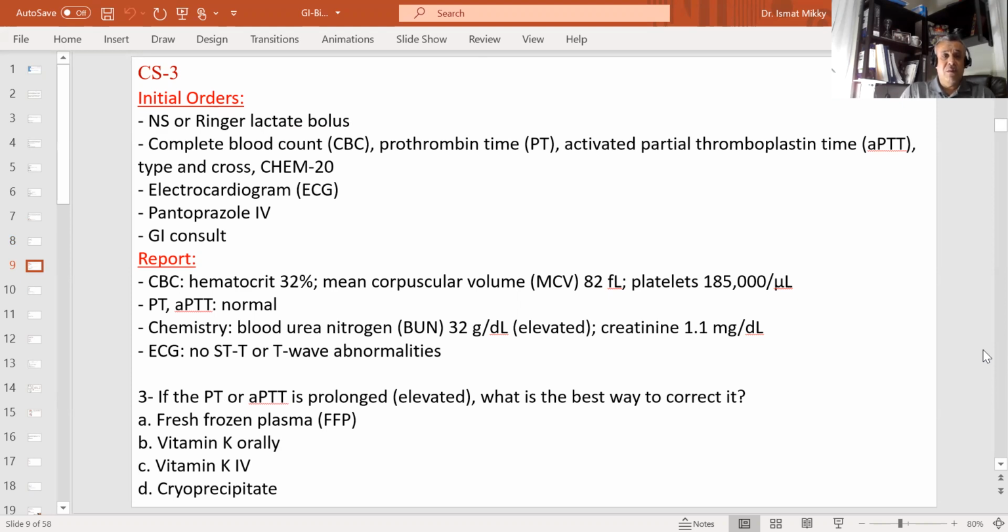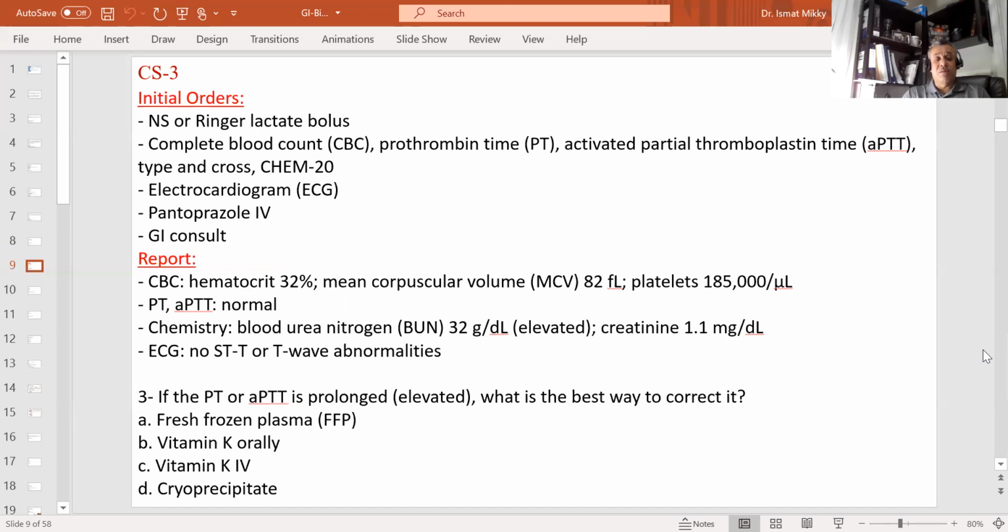So if the PT and aPTT, which is activated partial thromboplastin time and prothrombin time, are both elevated, what is the best way to correct it? That will be fresh frozen plasma.